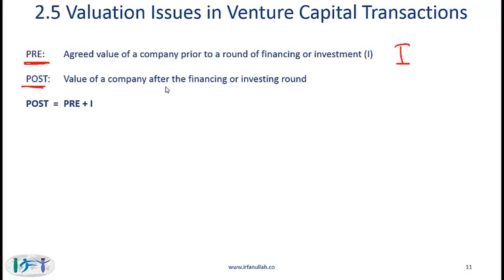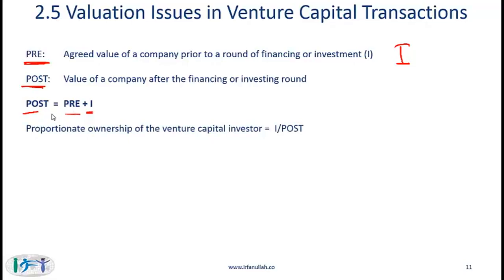And then post is the value of a company after the financing or investing round. So what is the relationship between post and pre? Post is simply equal to pre, which is the value before an investment, plus the value of an investment.